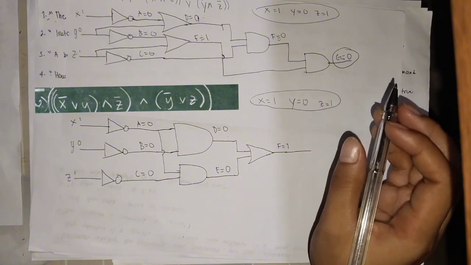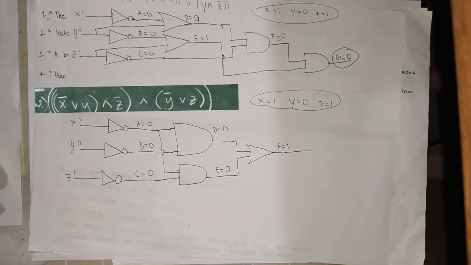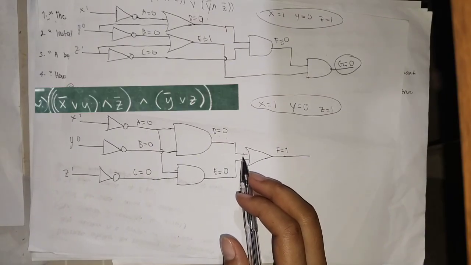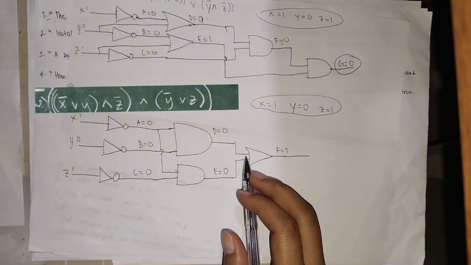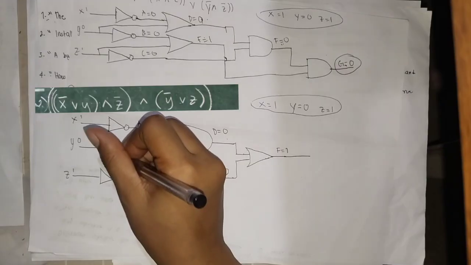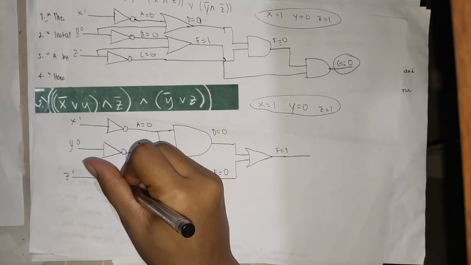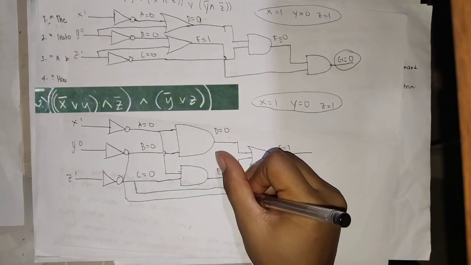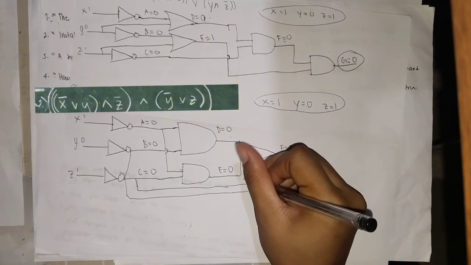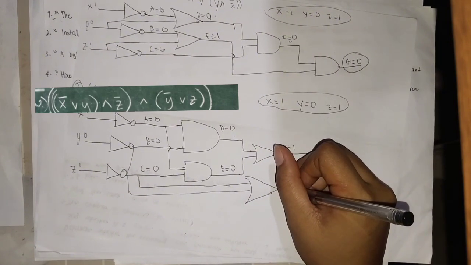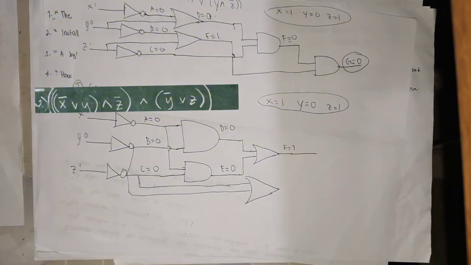So now let's move to the NOT gate. So we will draw it here. It simply flips the signal.